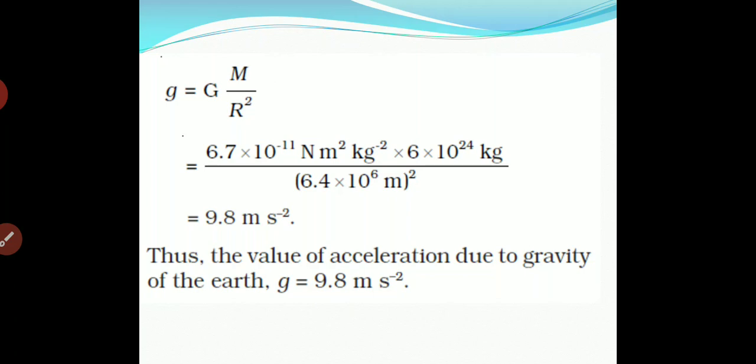Thus, the value of the acceleration due to gravity of the earth, small g, is 9.8 meter per second square.